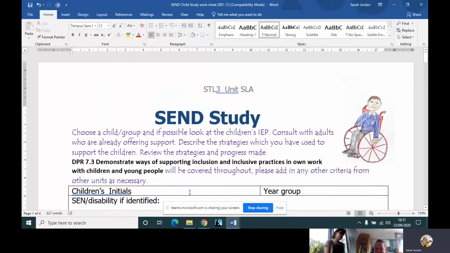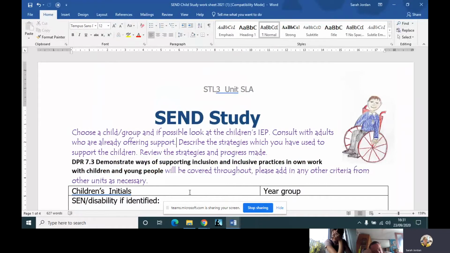Now, before the arrival of Corona, this would have been a big part of your practical evidence this year. But me and Dorian have discussed this, and we've decided to make it as low key as possible.